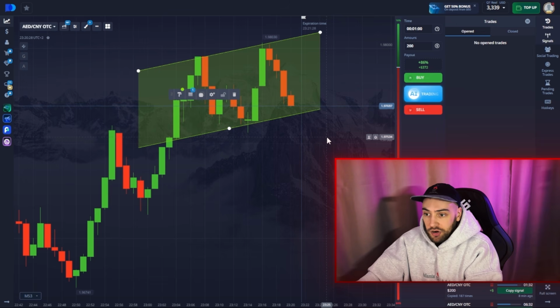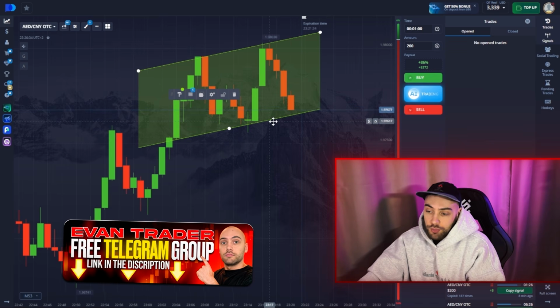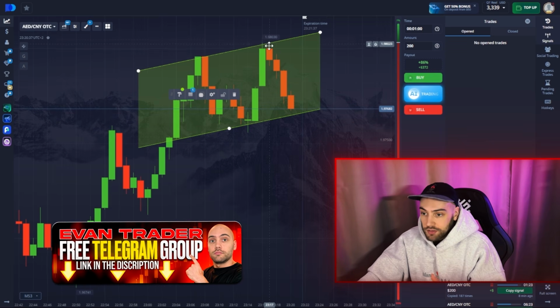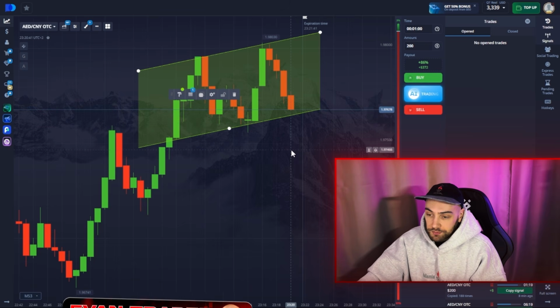Simply put, this parallel area is a zone where the price is moving up or down. The area has a lower boundary support and the upper boundary resistance, of course. We work exactly between these borders.